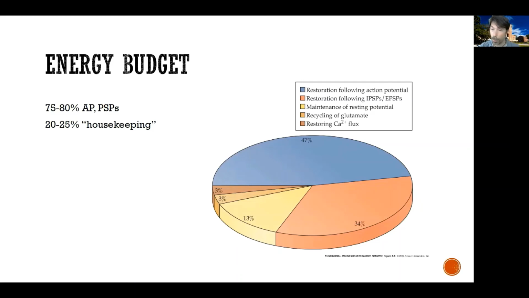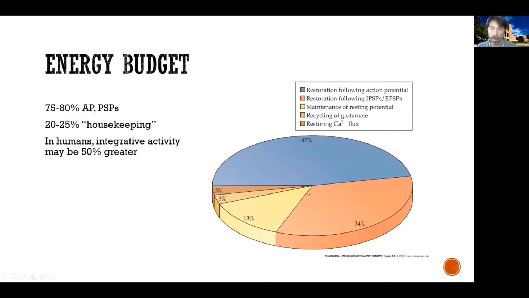Now, it turns out that this was done in the rodent model. The human brain seems to be fairly similar. The only thing that seems to be changing in the human brain is that there seems to be a predominance. So instead of being 47% to restore the action potential and 34% to restore the inhibitory and excitatory postsynaptic potentials, it seems to be reversed pretty much.